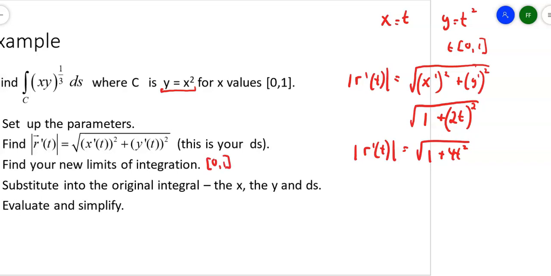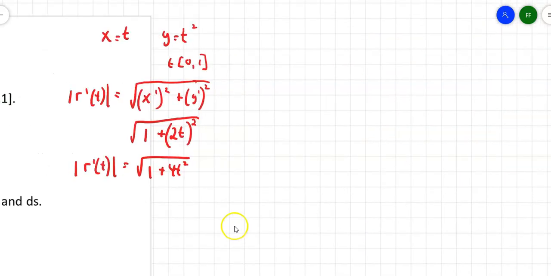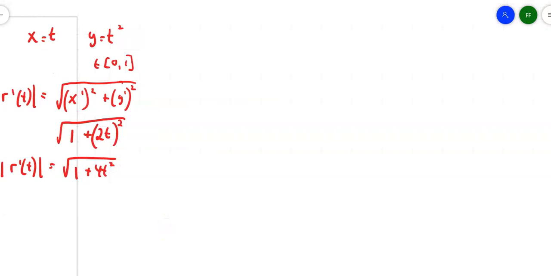Now, substitute everything back into the original. So I have the integral of xy to the 1/3 integrated with respect to s. So this now becomes the integral of t, right, because that's my x, times t squared, because that's my y, to the 1/3.